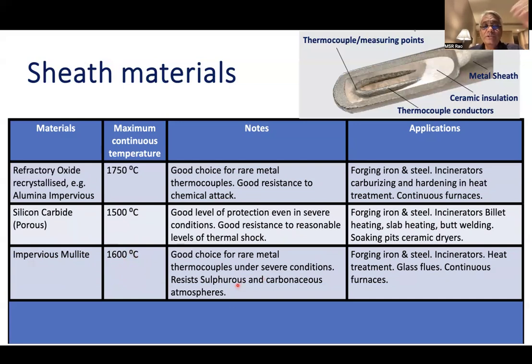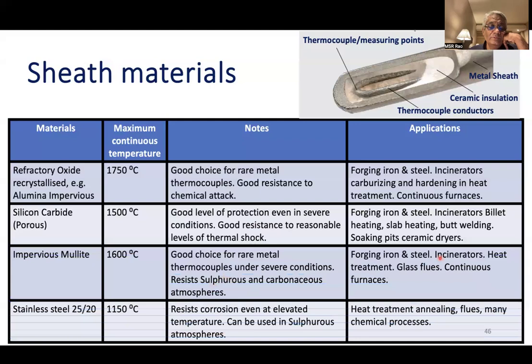Again, a good choice for rare metal thermocouples under severe conditions. When you have sulfurous and carbonaceous atmospheres, mullite is quite resistant to them, which is quite good. Again, it's a good system for continuous furnaces.